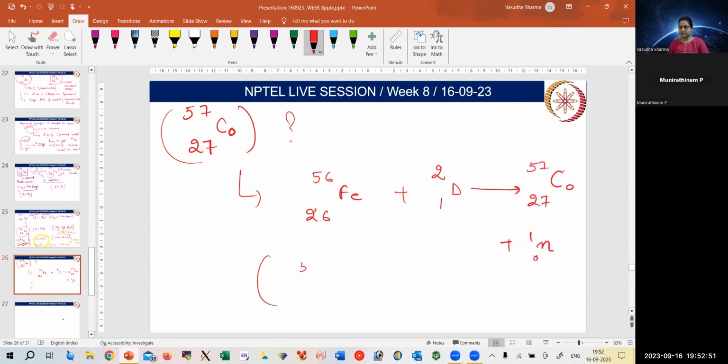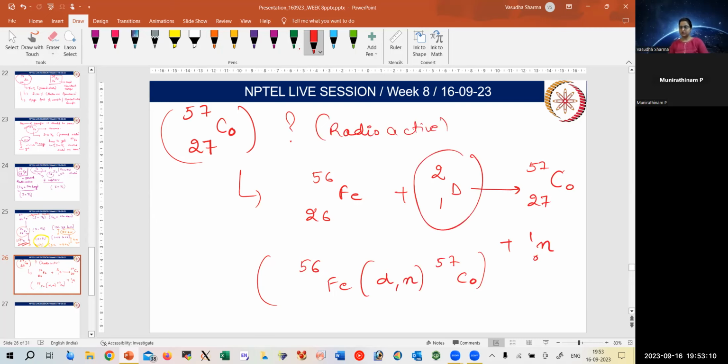This system is written as 56 iron, deuterium, neutron, 57 cobalt. So this radioactive cobalt source also comes from iron, by bombarding it with a deuterium isotope, and we end up with the required cobalt and a neutron. From the cobalt we get 57 iron. These questions are also very important.